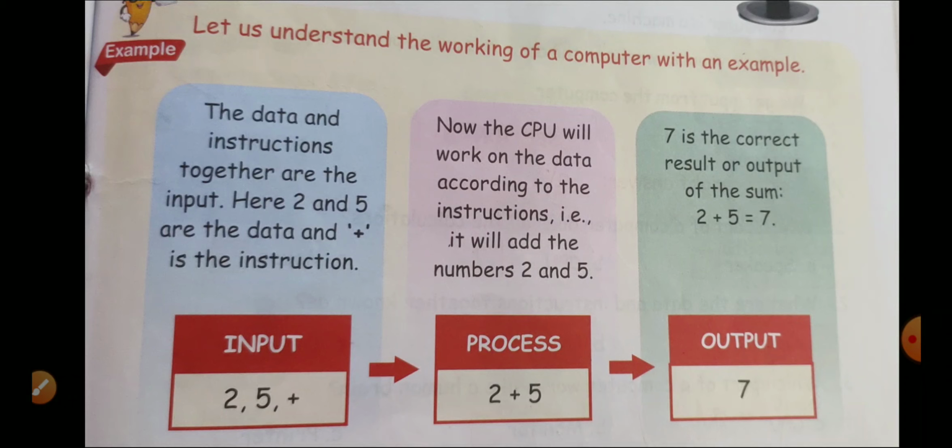With keyboard we will give the command to computer 2, 5 and addition sign. In CPU it will process the data 2 plus 5, and on the monitor it will show the answer, final result 7. Now this is the way a computer works.